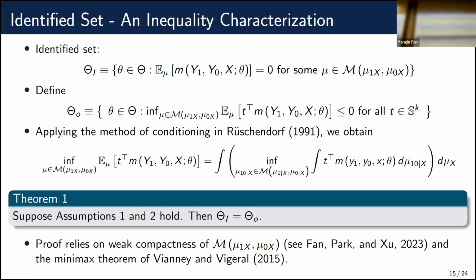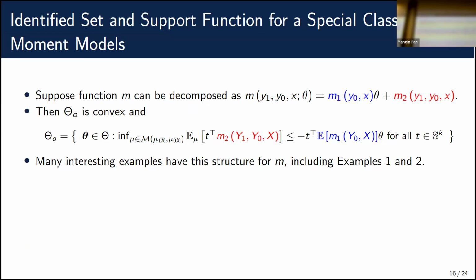I showed you this general one, but I said we don't really know much about it for general M. We don't know if it's convex or if it's connected. So that's why we moved on to this special case. But luckily, for many parameters of interest, you can choose your theta star in a smart way so that the moment function does have this structure. Then for this specific class of moment functions, we are able to claim that the identified set is convex.